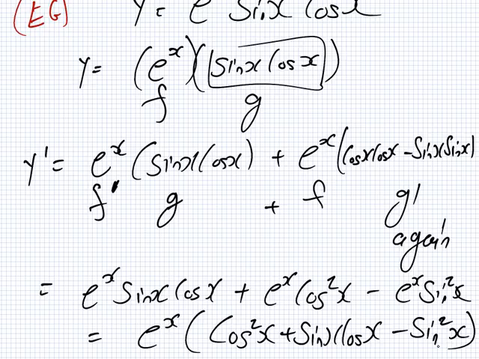Now, maybe I should give you a really hard one. These are just section A. This isn't even a section A question. A section A question is more difficult than this. Okay, let's see.